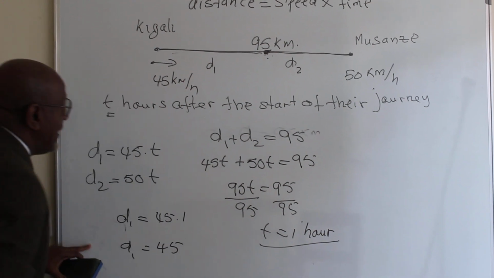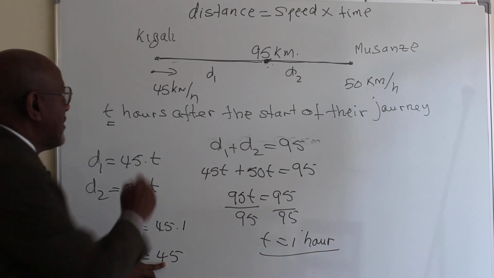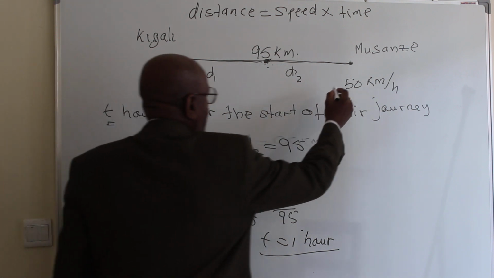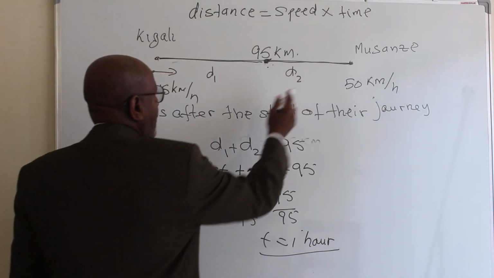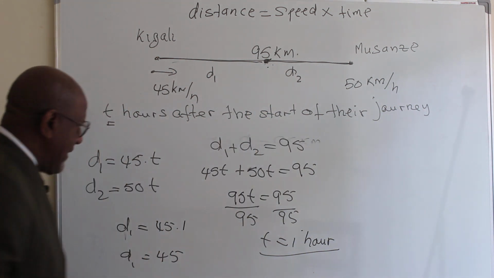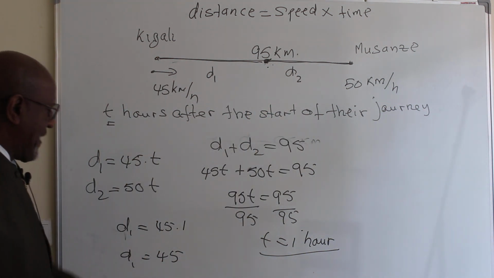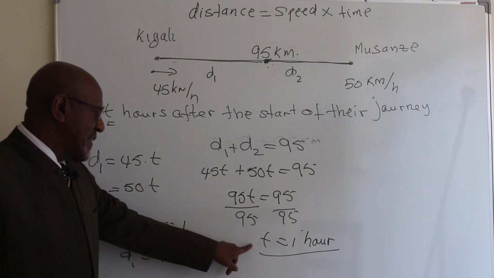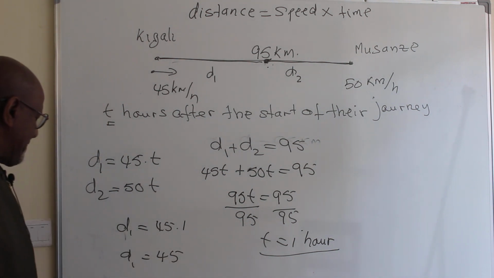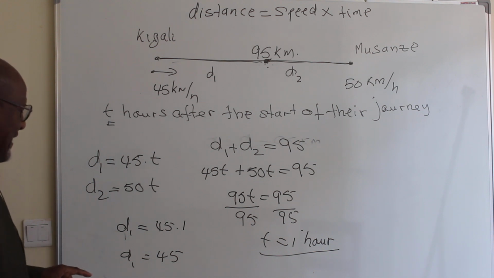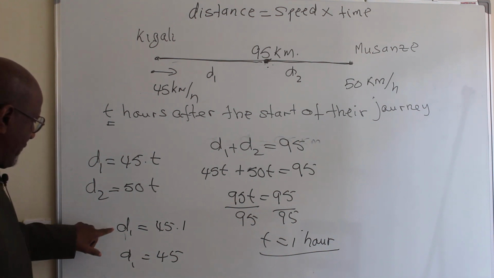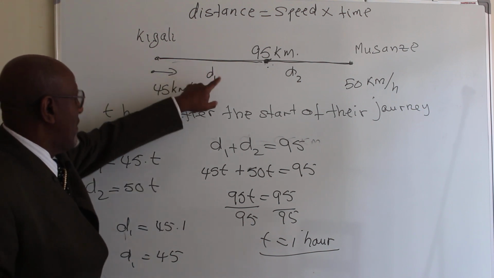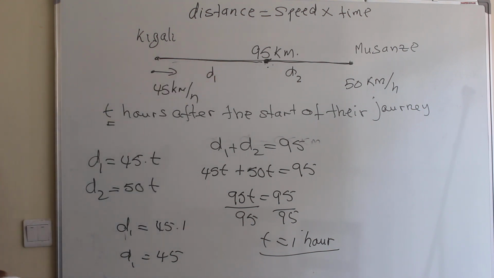In other words, they meet 45 kilometers from Kigali. And if you want to check, D2 would be 50, and 45 plus 50 would be 95. So the time it takes for them to meet is 1 hour, and they'll meet a distance of 45 kilometers from Kigali.